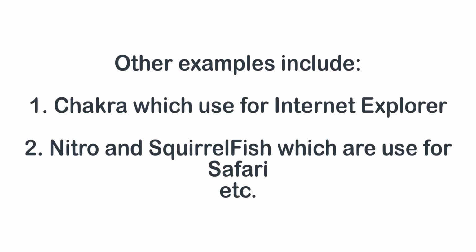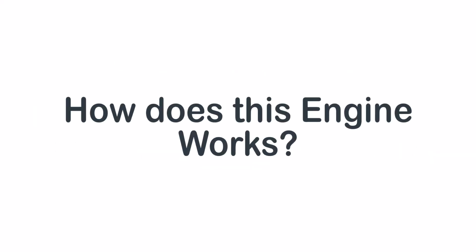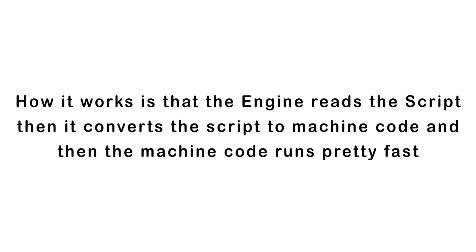So the question now is, how does this engine work? It's easy. The basic way it works is that this engine reads, or parses, the scripts. Then it converts the script to machine code.